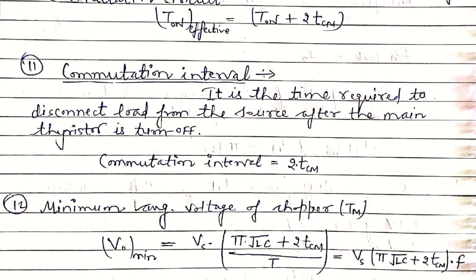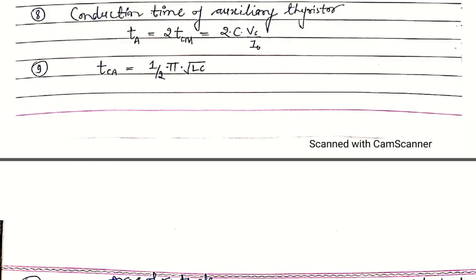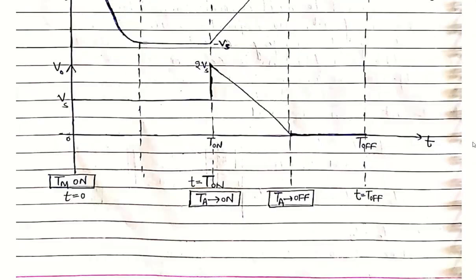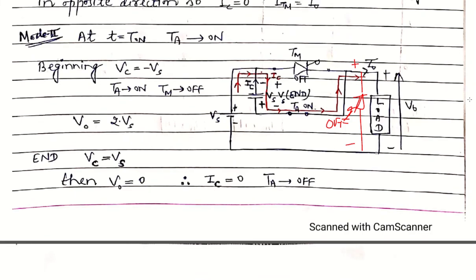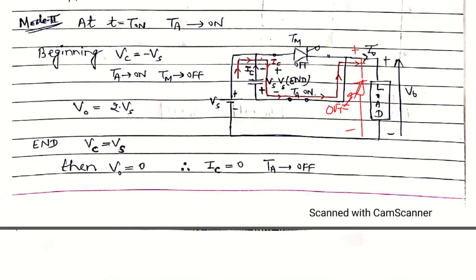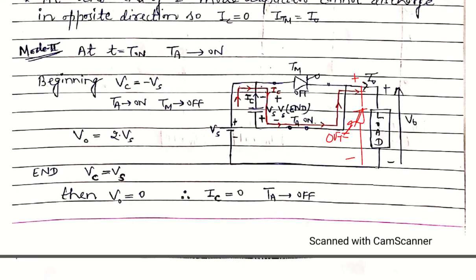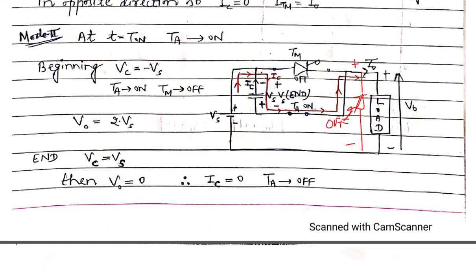So there will be no current flowing at the output side, because the path through the load side is broken. So this main thyristor will be in off condition, no current will be flowing at the output side, so the load will be disconnected from the source side. So this is the amount of time up to which the load is disconnected from the source side when Tm is in off condition.